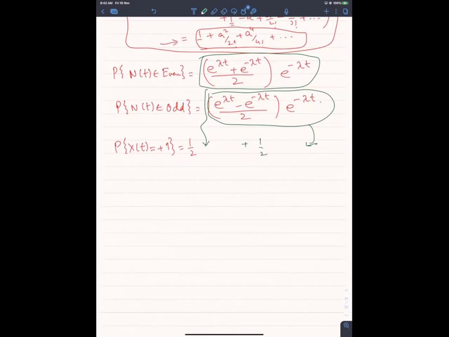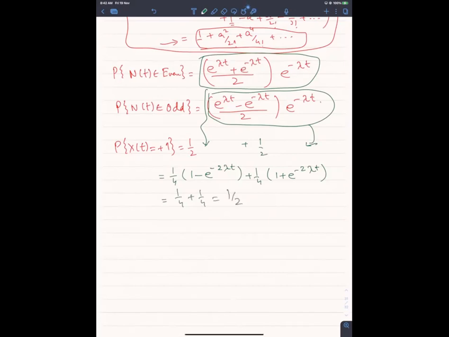So this would be equal to 1 over 4 (1 minus e to the minus 2 lambda t) plus 1 over 4 (1 plus e to the minus 2 lambda t), and this would be equal to 1 over 4 plus 1 over 4, which is 1 over 2.